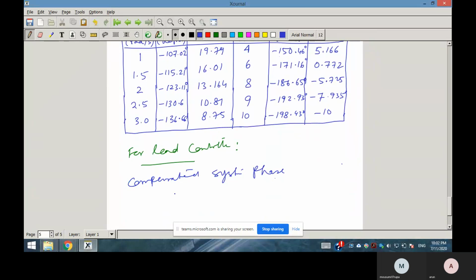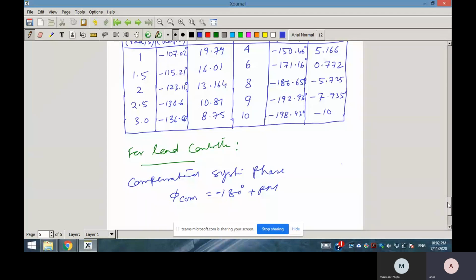The compensated system phase phi com will be minus 180 degree plus phase margin.